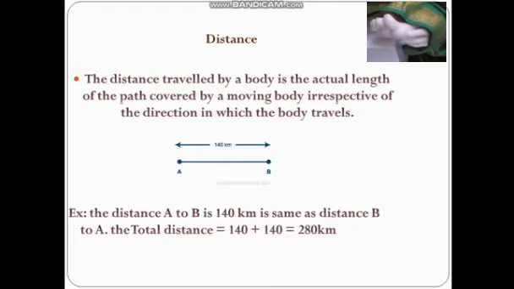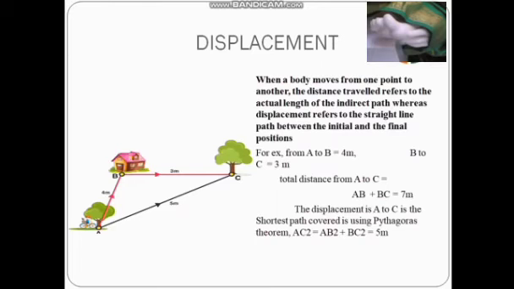Remember, distance is the actual length of the path covered by a moving body irrespective of its direction. The shortest distance between the initial position of a body and its final position is called displacement.